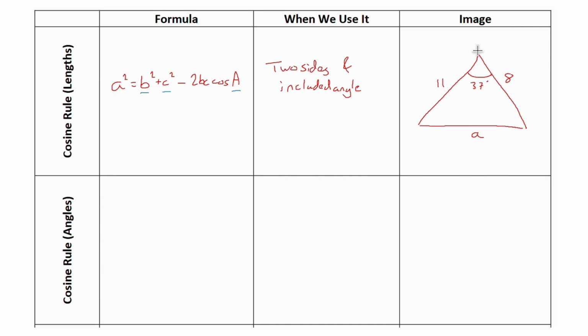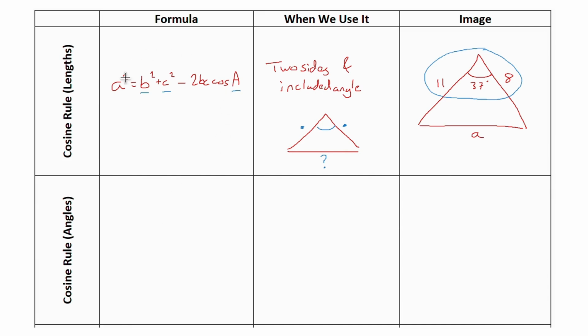In this case, this angle is A, and these are B and C. Doesn't matter which one is which. The important thing is we have two sides and the angle between them. In general, we might have something that looks like we know this, we know this, we know this, and we want that.